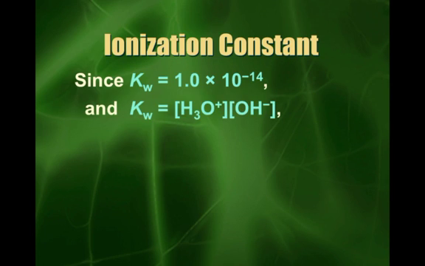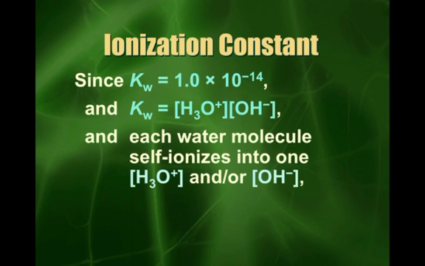A couple things here. Since we know that the ionization constant of water is 1.0 times 10 to the negative 14th, and that the ionization constant of water is equal to that formula there that you see, we can figure out a couple things, because we know that water self-ionizes, meaning it reacts with itself to give you hydronium and hydroxide.